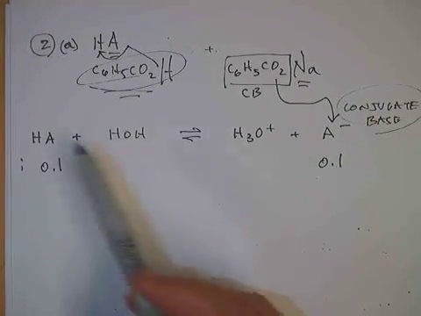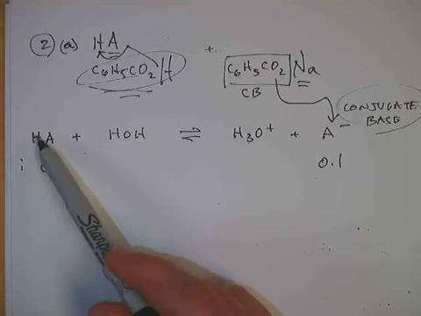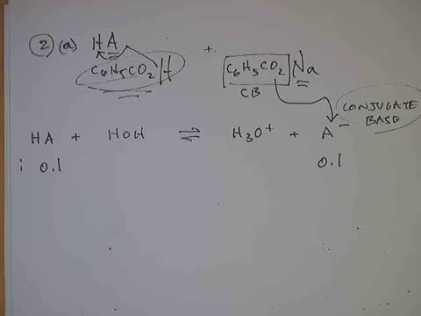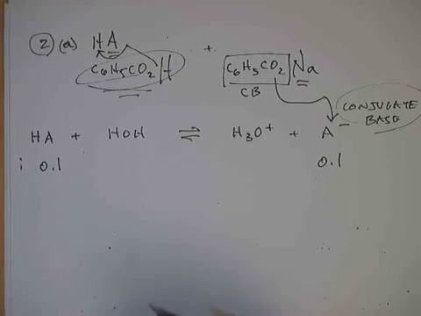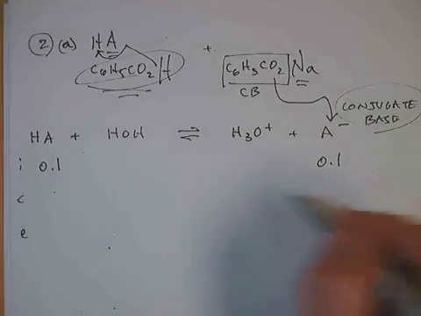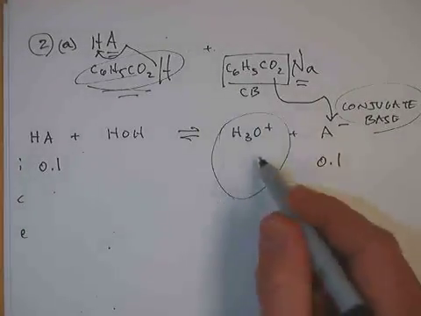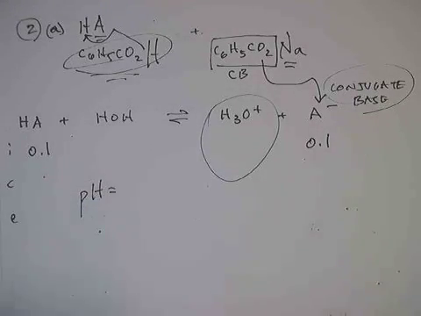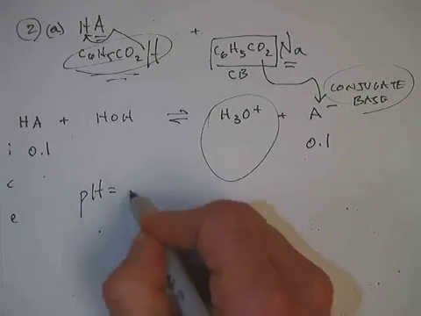So initially, there's 0.1 moles of this, and there's 0.1 moles of this anion right here, or the conjugate base. You can write that down to just get used to calling it the conjugate base, because the leftover anion, or the piece that remains after the acid releases a proton, is always called the conjugate base.